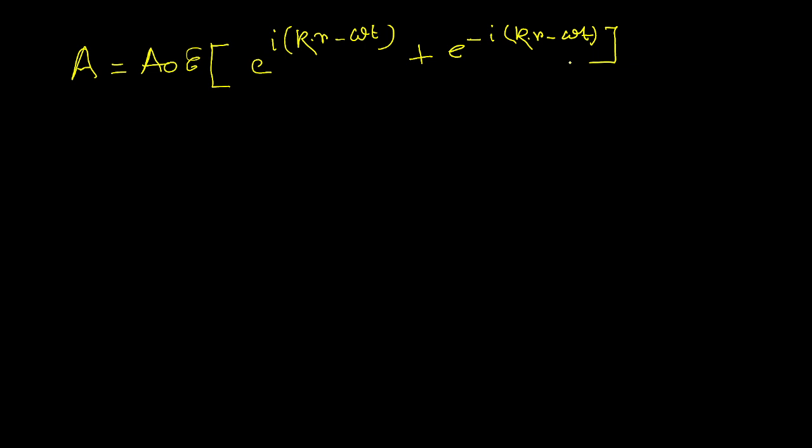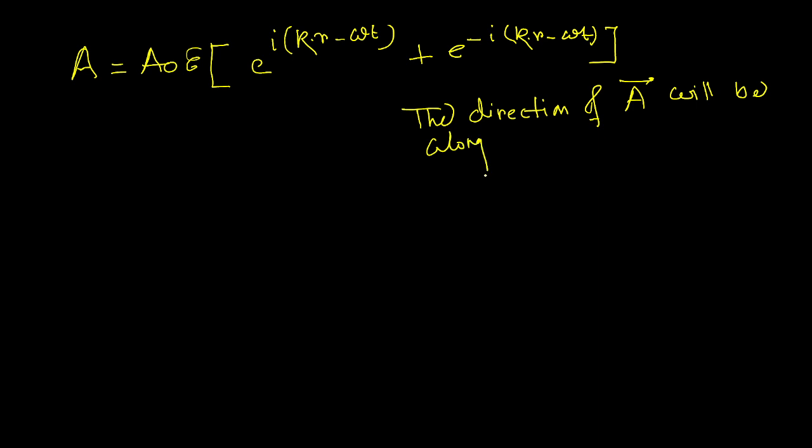Okay, now look at one thing: the direction of vector potential A will be along the direction of the electric field.